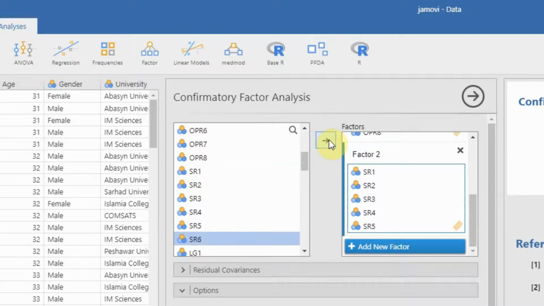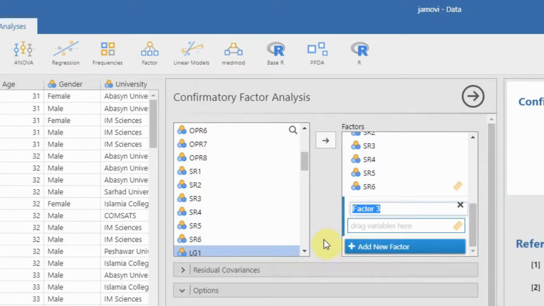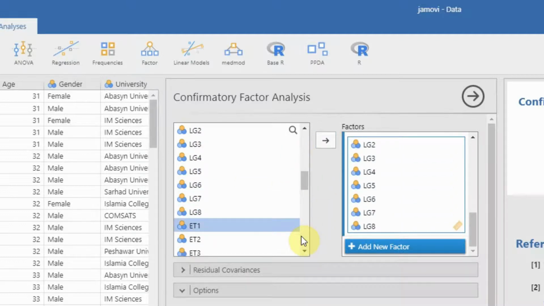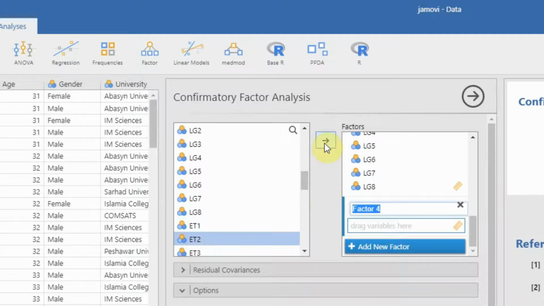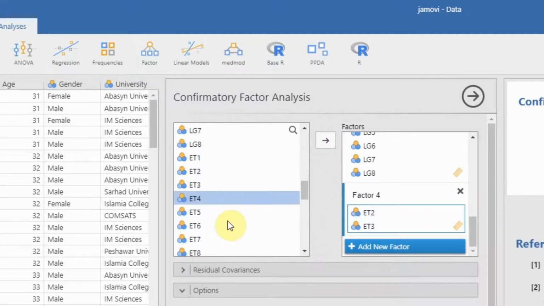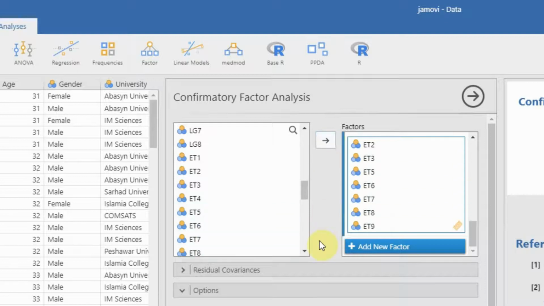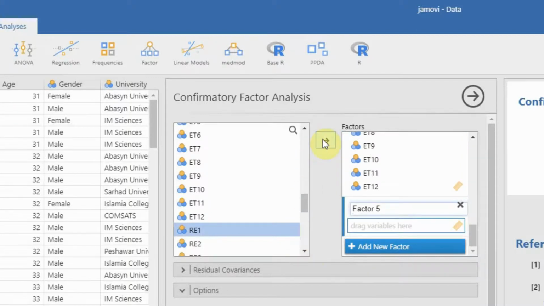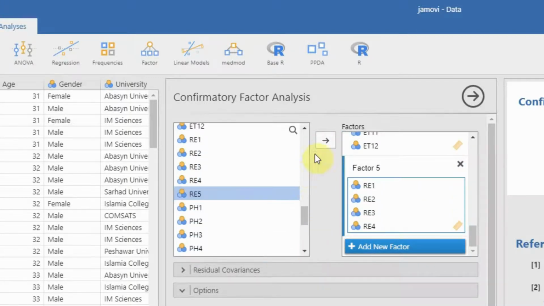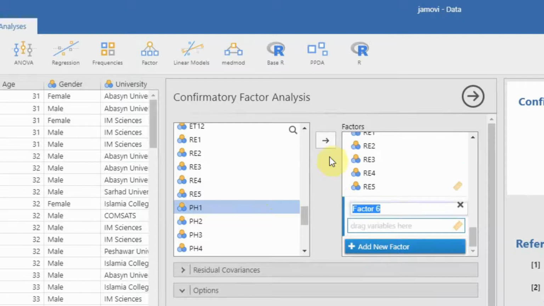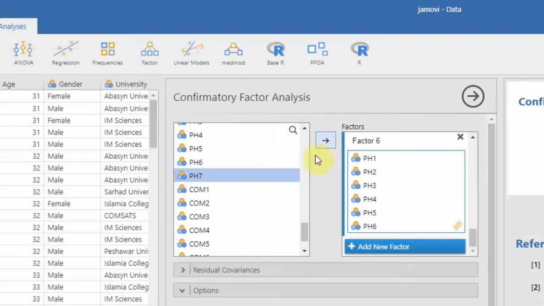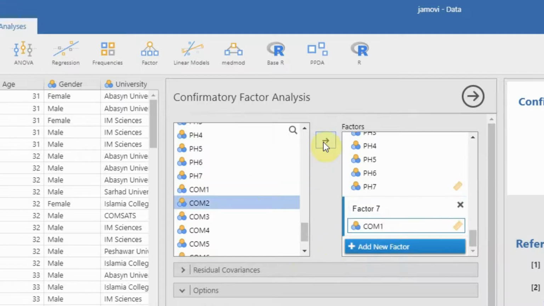So 1 2 3 4 5 6, and then LG1 was removed, so LG2, 8, and then ethical 2 3 4 was removed, so let's go for 5 6 7 8. Go for relationship, research, sorry. Go for philanthropic. Go for community.